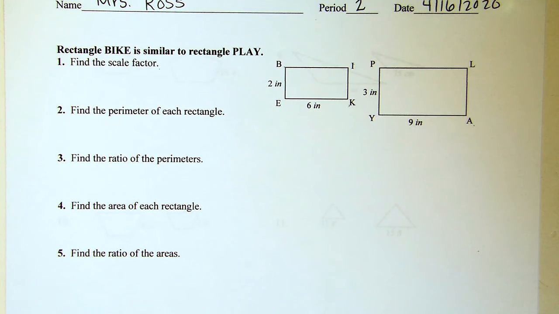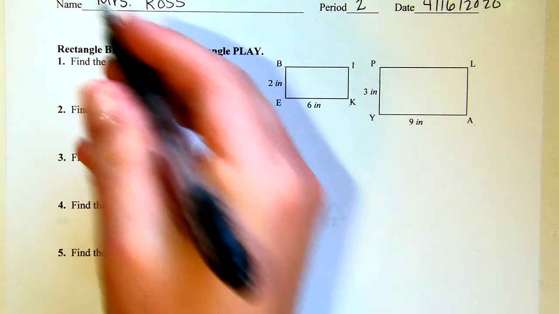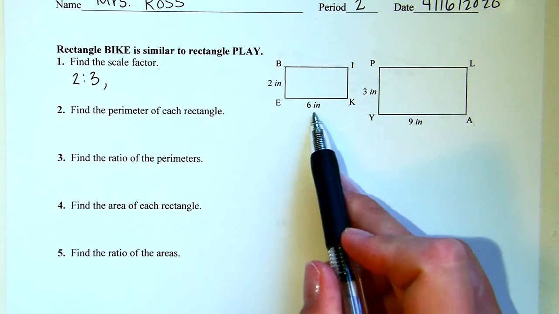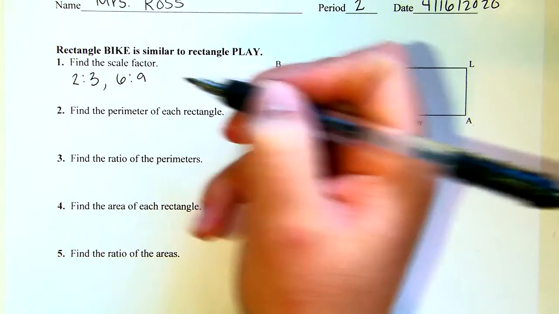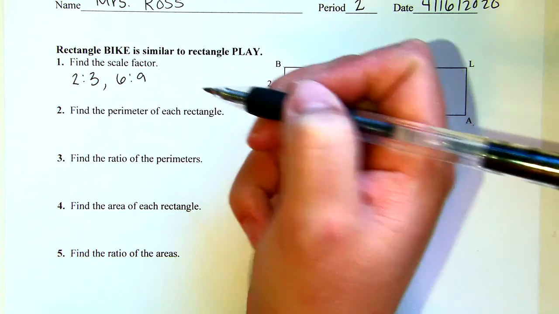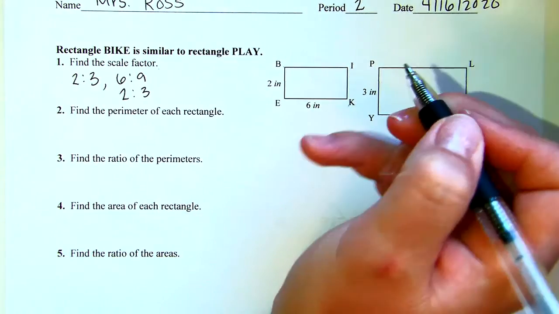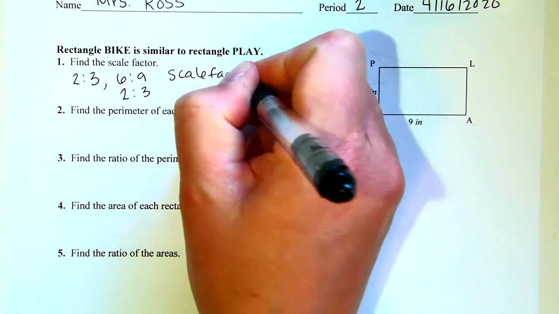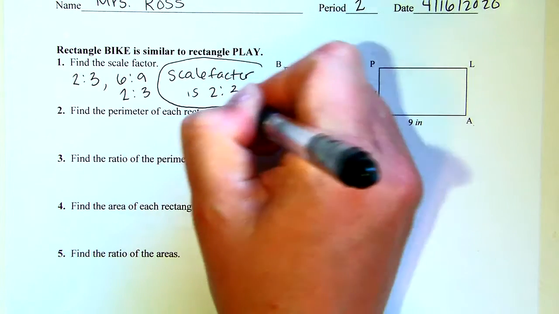So here, I'm going to go 2 to 3. And I have 6 to 9. Now my 6 to 9 needs to be simplified. 6/9 can be simplified to 2/3. So our scale factor is 2 to 3.